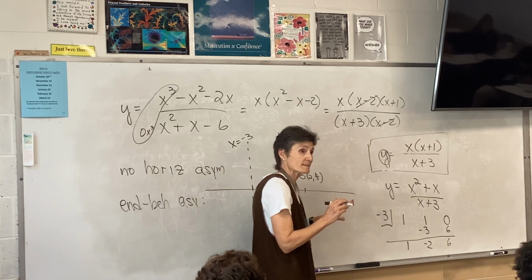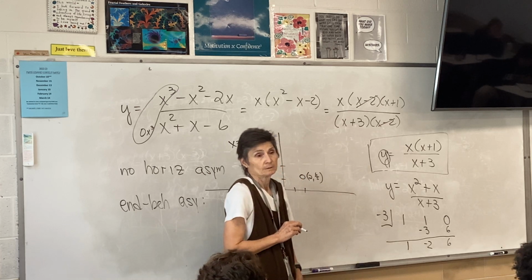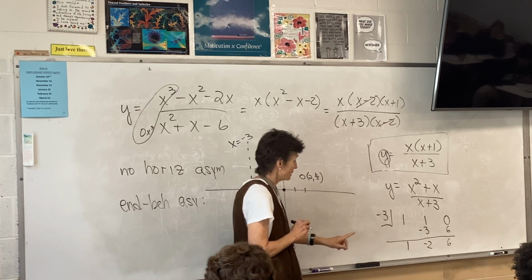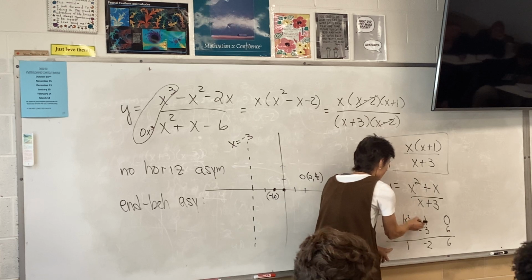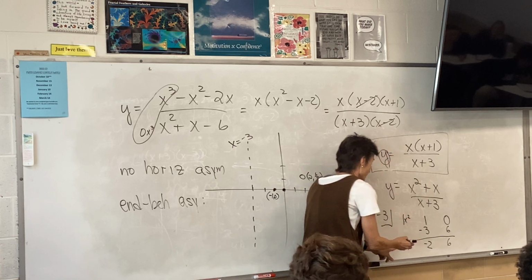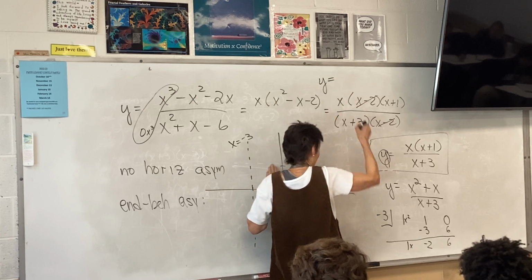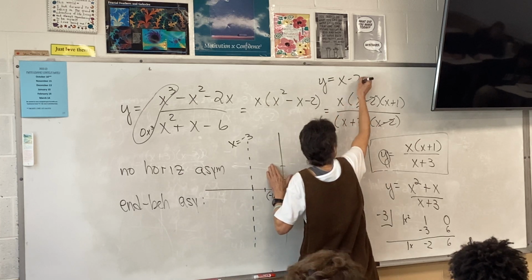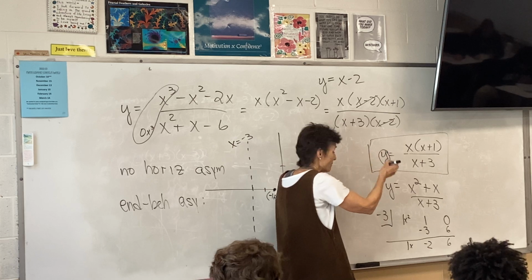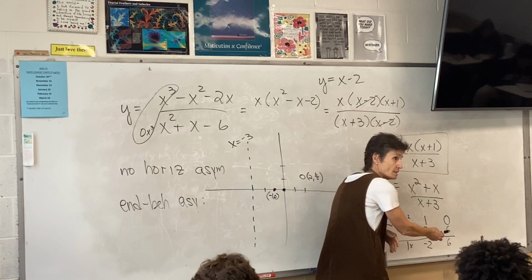Okay, so what's left? This was x squared, so this is going to be x. So what's left is y equals x minus 2, and then a remainder of 6.